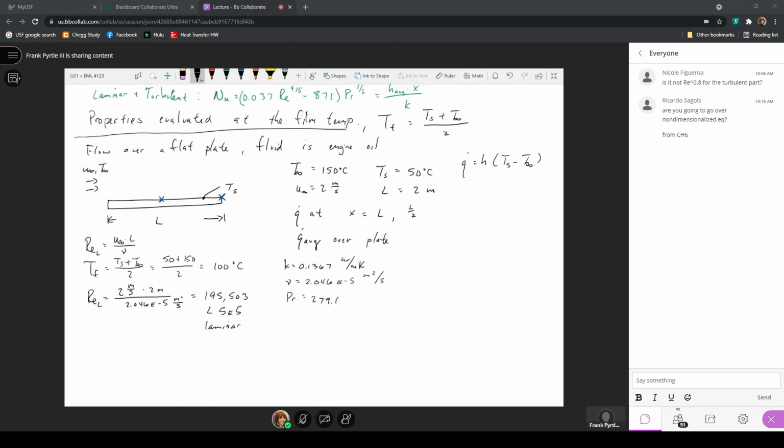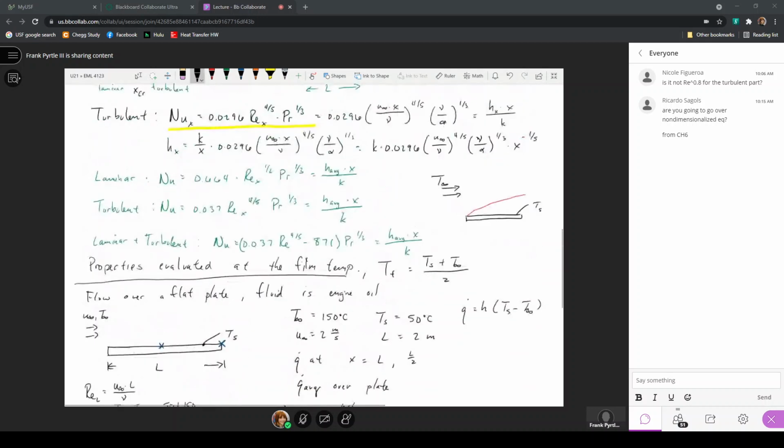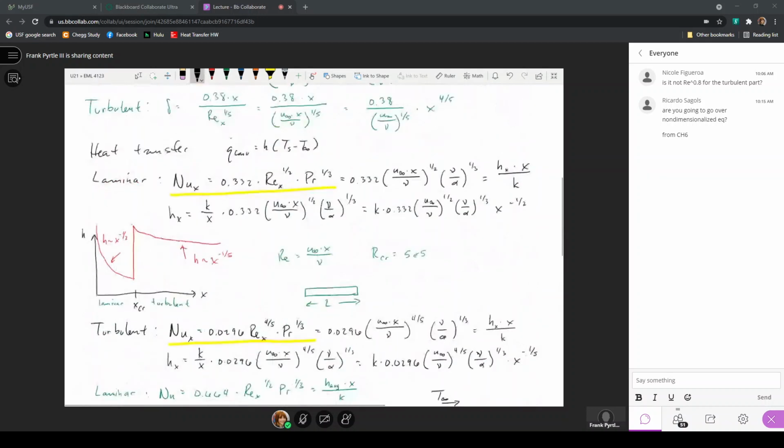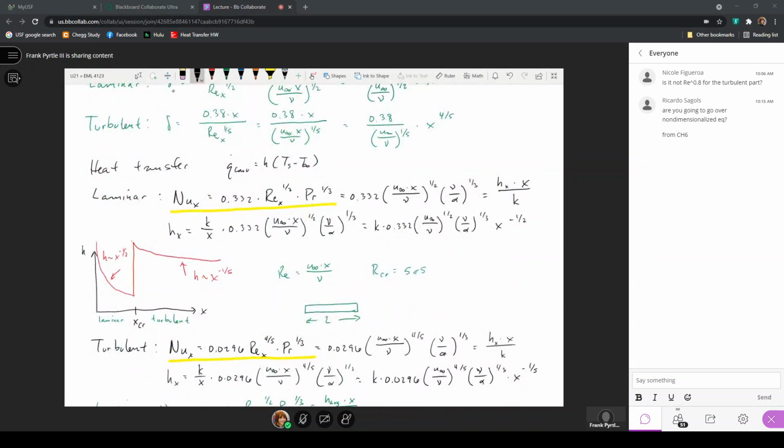And then the average value of the heat flux is going to be determined based on the average heat transfer coefficient. So here at x equals L, since we already have the Reynolds number at x equals L, our expression for the local value of the Nusselt number just comes from this expression here.